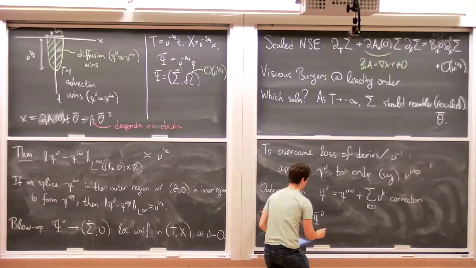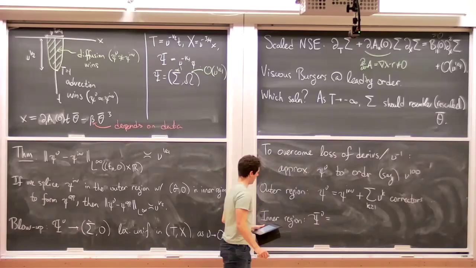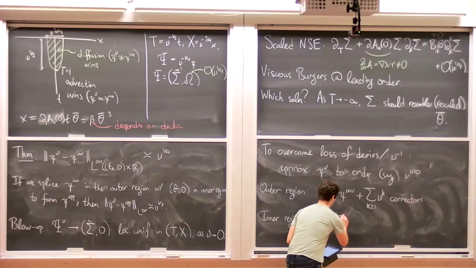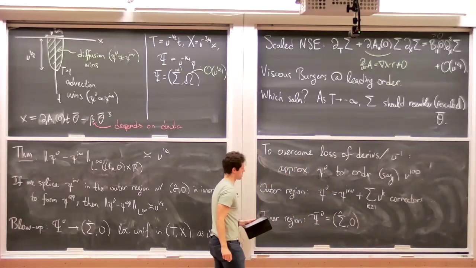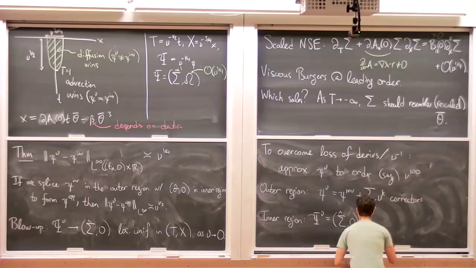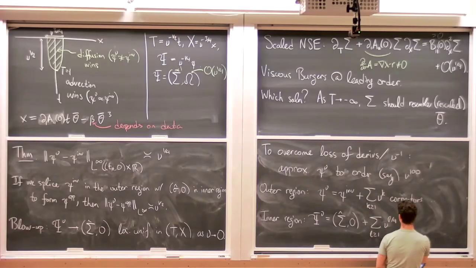So after switching to inner variables, I want to say that my inner expansion should be given by this leading order behavior that I already identified, which is just that special solution to viscous Burgers. And then at higher orders, we should have powers of nu to the quarter times some other correctors.